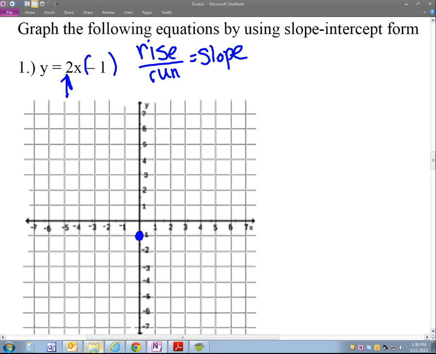That's where it's going to cross the line. Then I have 2. What is 2 as a fraction? 2 over 1, which is rise over run. So I just go 1, 2 over 1.